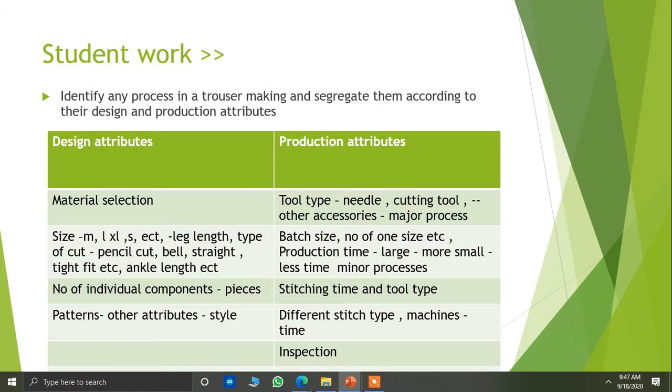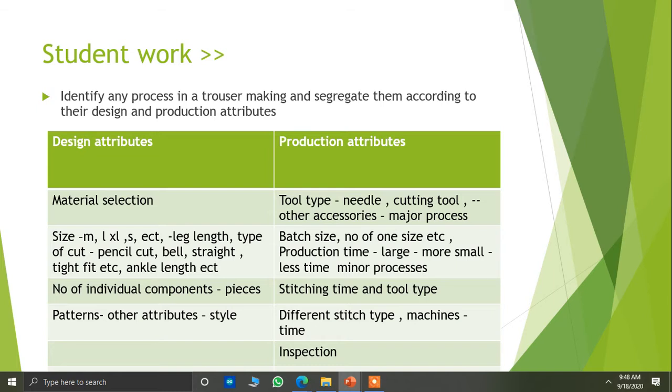And you have a typical fashion part in that, which is your bell bottom, or maybe a straight fit, tight fit, ankle length, etc. All these things are very much required in design but not in production. And number of individual components, how many pieces should I make? If I make less number of pieces, that's a good sign, because your production process will take less time. Yes or no?